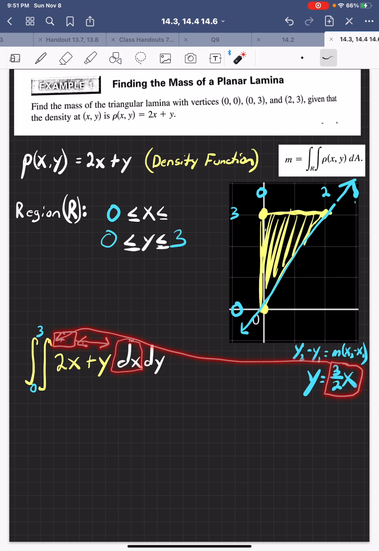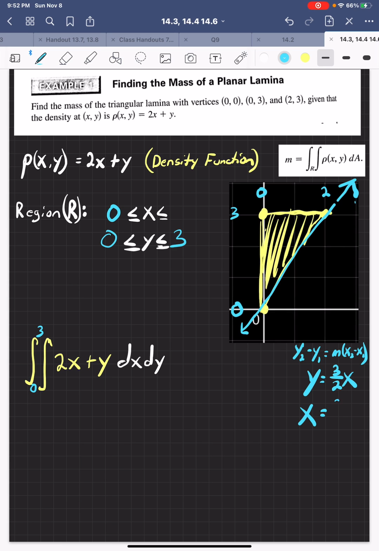We can't do that. So because we're going to be integrating with respect to x first, we do need to solve this for x. So x is equal to 2y over 3. All right. So this line here is the line x is equal to 2y over 3, and we want it to be to the left of that line, but to the right of x is 0.